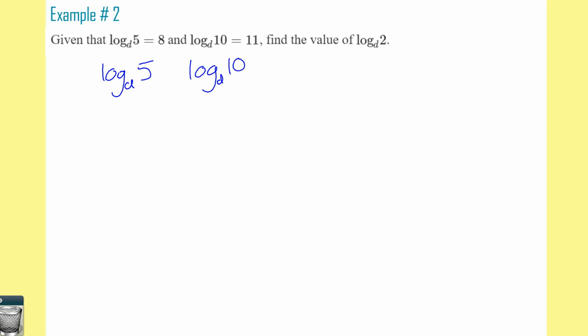How can I manipulate those to get a 2? Well, the only thing I can do with logs is add them or subtract them. Remember, if you add, you multiply, and if you subtract, you divide. So I want to figure out a way to make 2 happen.